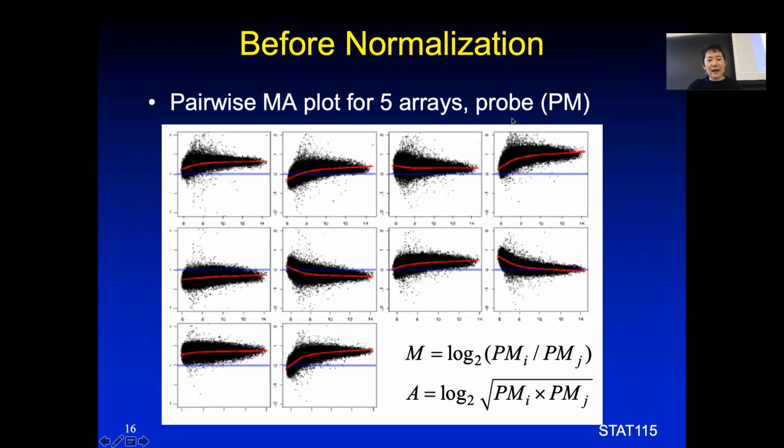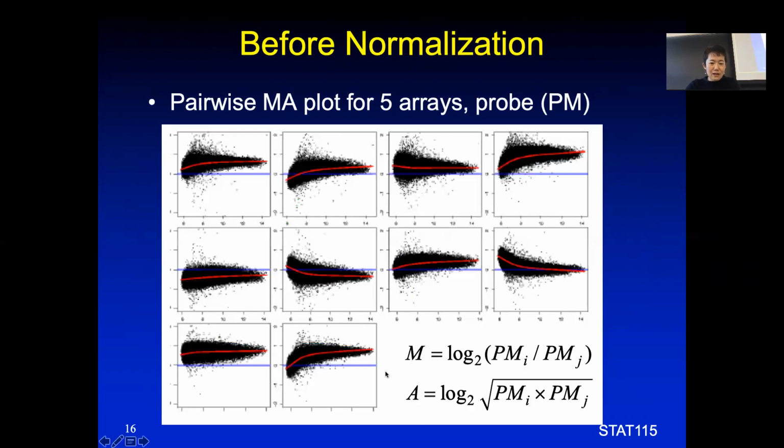You can see that kind of the average trend. You expect most of the dots to lie on this blue line, but based on this, you can see the original data definitely needs normalization. Most of the lines do not lie on that 0, right? So that's why we need to normalize.